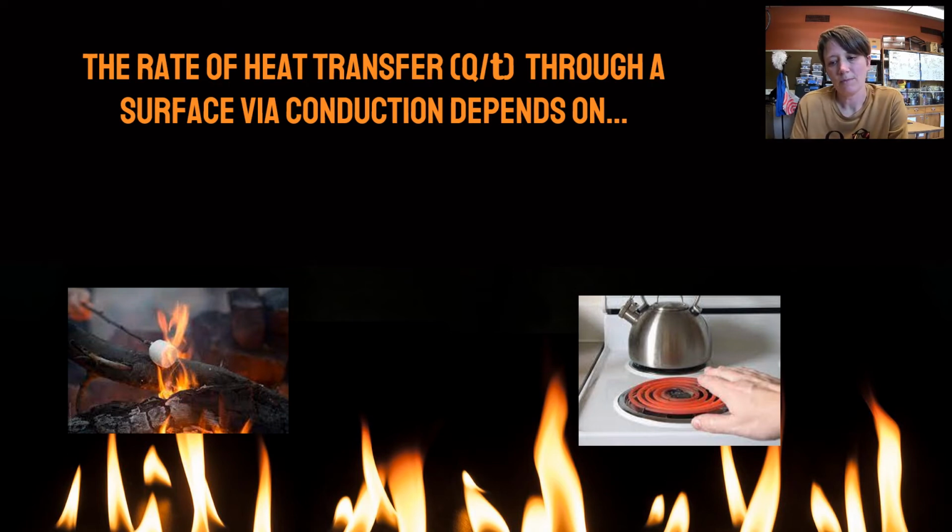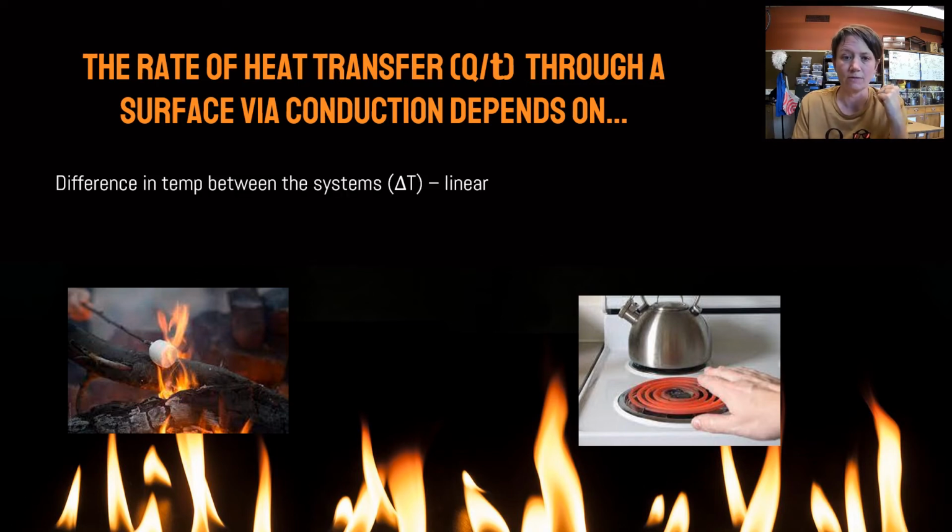If you think about the times in your life you've experienced conduction, when you're trying to pass heat through something, the relationships that contribute to how quickly the heat can move from one object to another should be relatively intuitive. For starters, there is a linear relationship with the difference in temperature of those two systems.